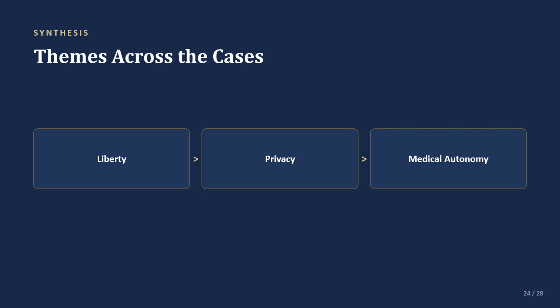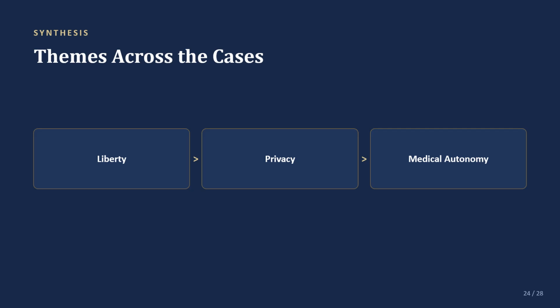Liberty is the broadest constitutional concept, the word actually appearing in the Due Process Clause of the 14th Amendment itself. Privacy is a specific, judicially developed subset of that broader liberty concept, built case by case, as we traced at the very start, from Meyer all the way through. And medical autonomy is a further specific application of that privacy doctrine, extended to decisions about one's own body, their health, and ultimately questions surrounding the end of life.